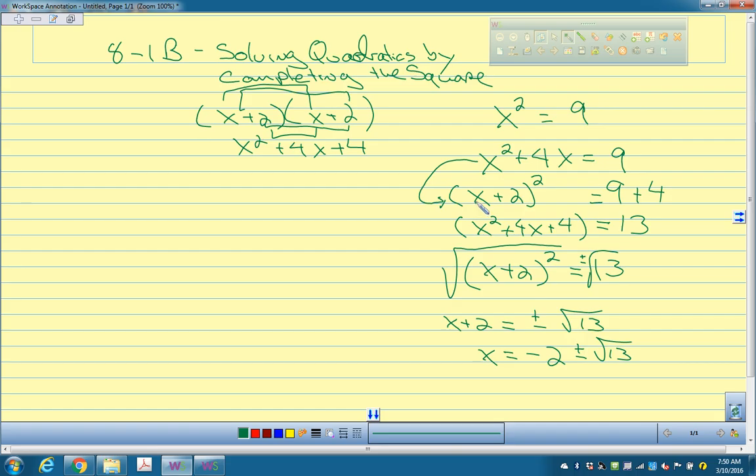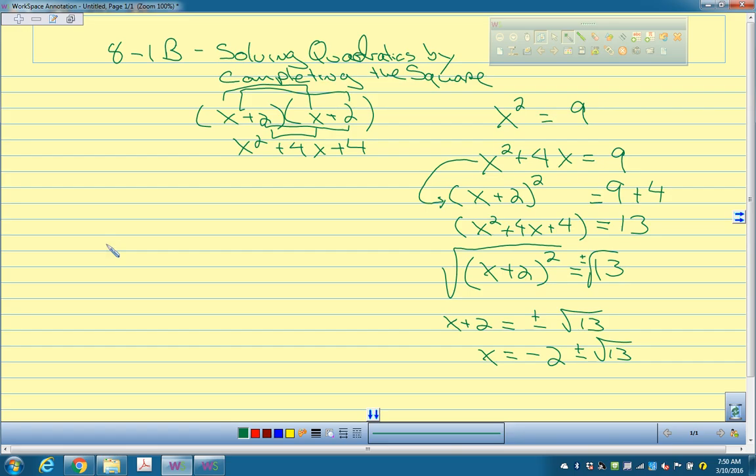So when I rewrote this as this, I'm actually adding 4 more to my left side of the equation. In order to keep my equation balanced, I need to add 4 to the right side as well.